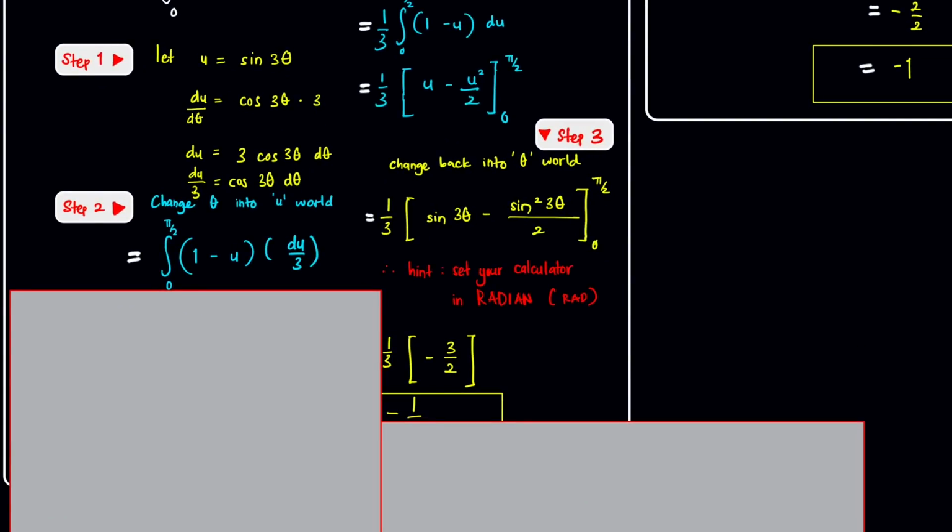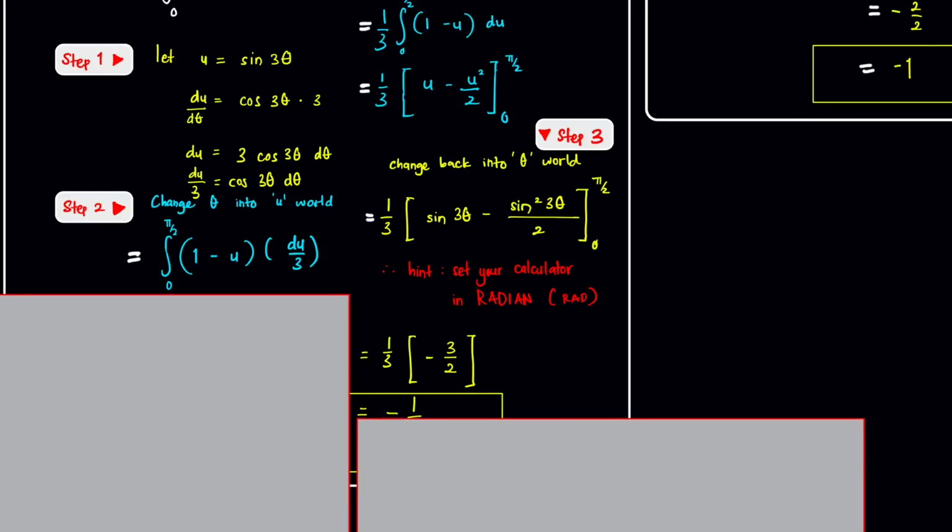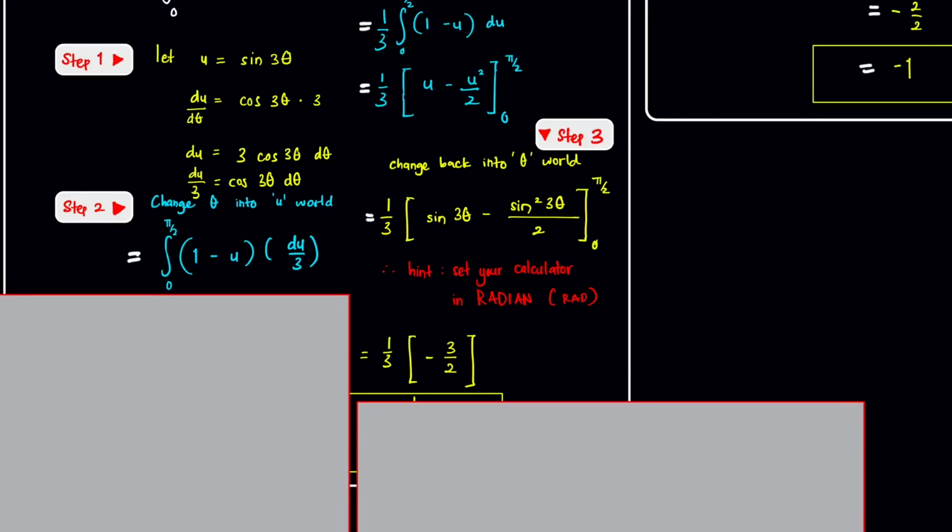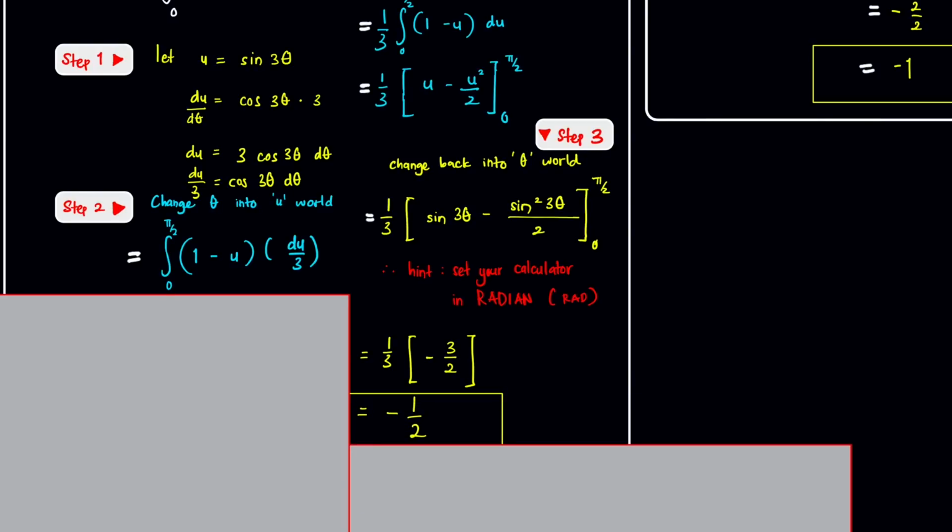Then you can substitute this pi over 2. You just press pi over 2 in your calculator and you will definitely get this expression. You will get negative 3 over 2. Then you multiply with 1 over 3. At last you will get negative 1 over 2. So that is the answer for the second question.